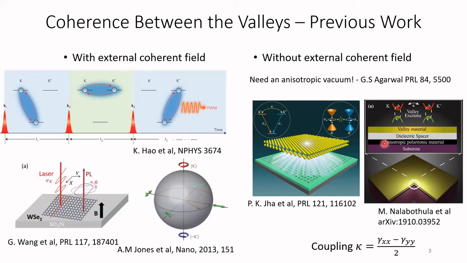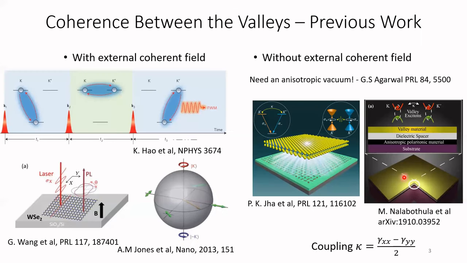All you need is a simple heterostructure. This anisotropic vacuum can be created through something called a metasurface, which I will come to in later slides, or an anisotropic polaritonic material, basically a material which can give you different optical conductivities in different directions, such as black phosphorus.